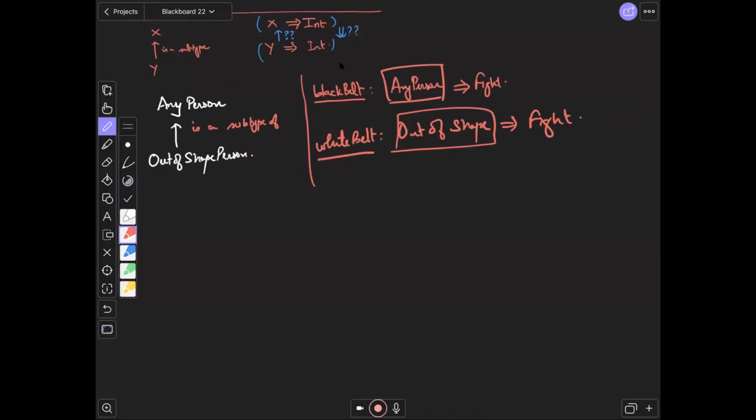All right. Don't be fooled by which one I drew on the top and bottom. In which direction does the subtyping relationship go? Does it go from the white belt to the black belt, or does it go from black belt to the white belt? So now imagine your requirement is a black belt.